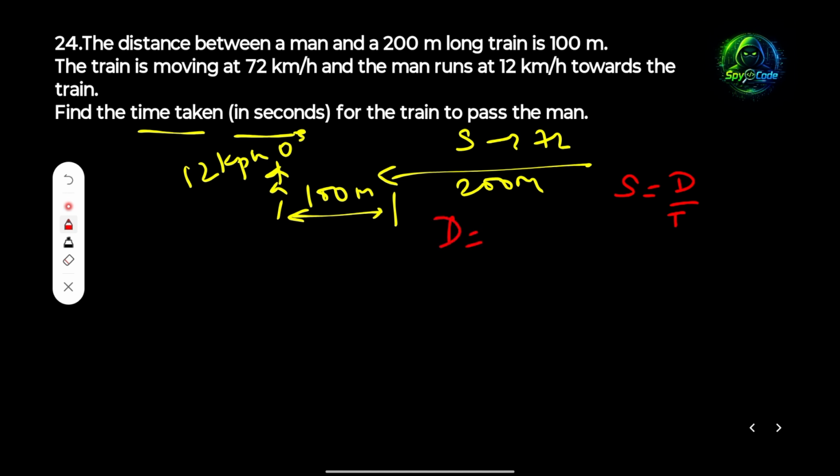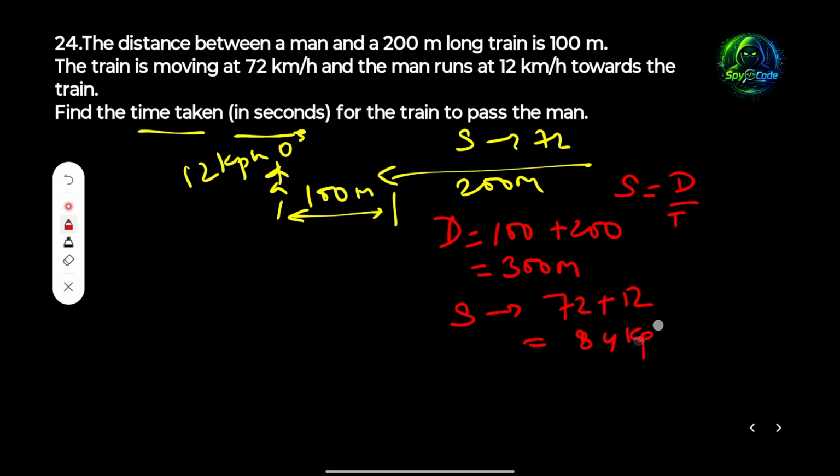Okay, so distance here will be, since they are moving in the opposite directions, 100 and 200 meters, which is the length of the train. The distance is 300 meters. And the speed, since they are moving in opposite directions, s1 plus s2, okay, 72 plus 12 kilometers per hour. Speed is 84 kilometers per hour. So we need to find out the time.